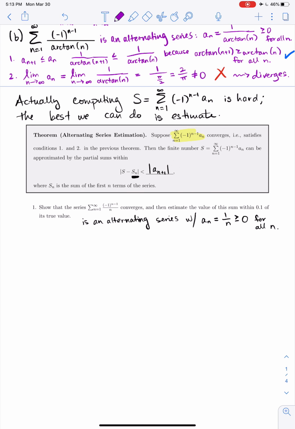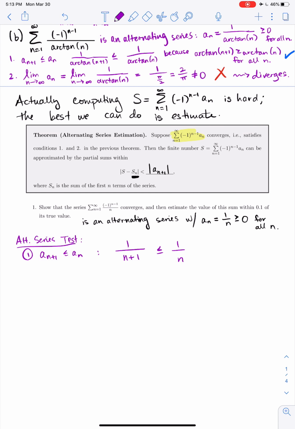Okay, so this is an alternating series, which means to test for convergence, let's use the alternating series test. The first thing that we'll check is that the base sequence is decreasing. Well, a sub n plus 1 is 1 over n plus 1, and a sub n is 1 over n.